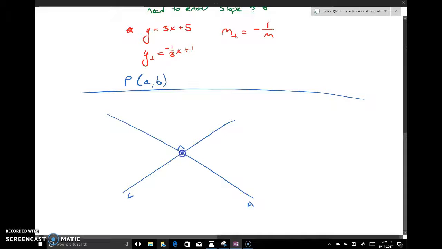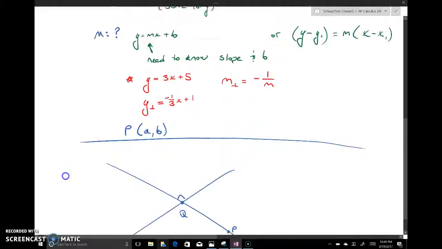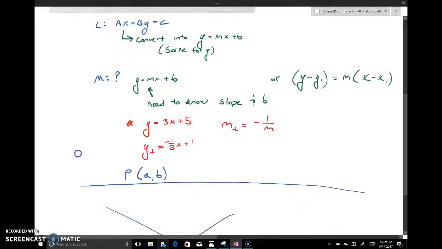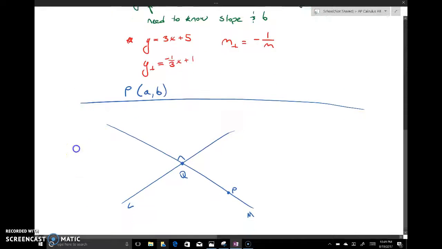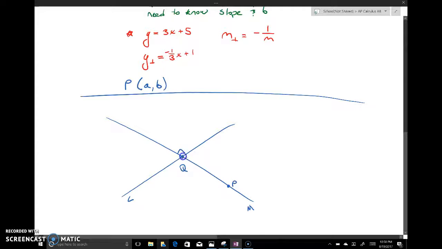At some point, they're saying at some point Q, they intersect each other. And remember, M passed through some point P, right? So it's kind of a general sketch here. If both lines pass through the point Q, then it must be true that there's a place where they have the same value for x and y.